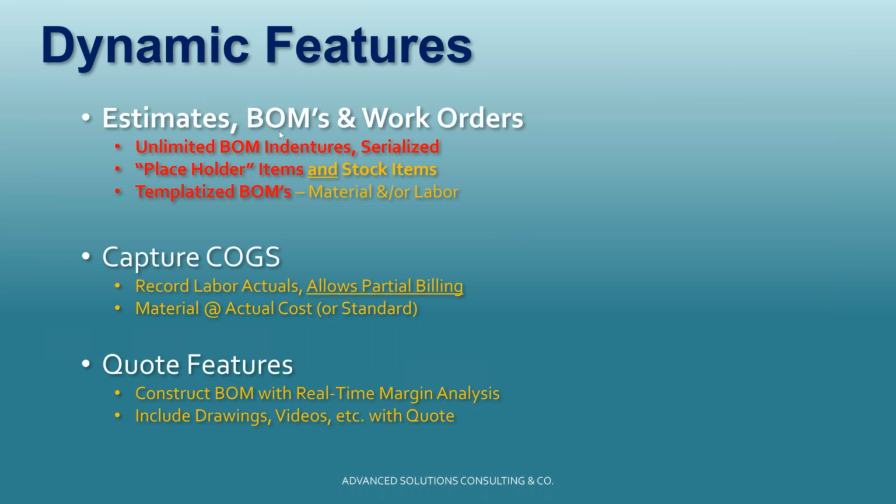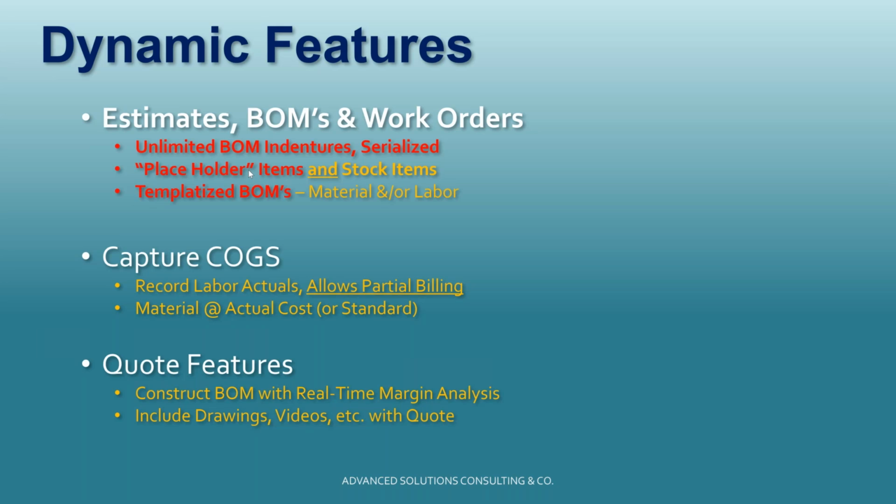So what are our features? First of all, unlike the Acumatica Estimates module in its full manufacturing, we can have unlimited BOMs within BOMs, indentures, and each one of the components or the BOMs can be serialized. Secondly, we can quote items that are not in the Acumatica stock item.